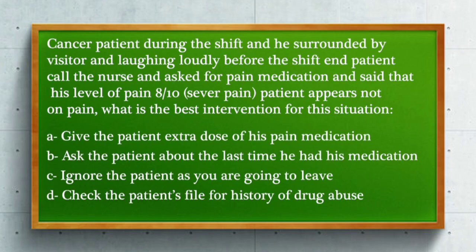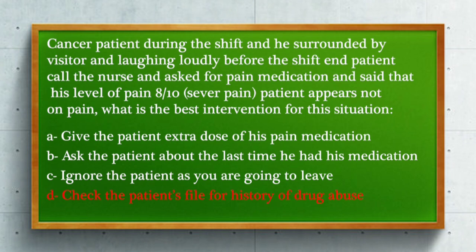A. Give the patient an extra dose of his pain medication. B. Ask the patient about the last time he had his medication. C. Ignore the patient as you are going to leave. D. Check the patient's file for history of drug abuse. And the answer: D. Check the patient's file for history of drug abuse.